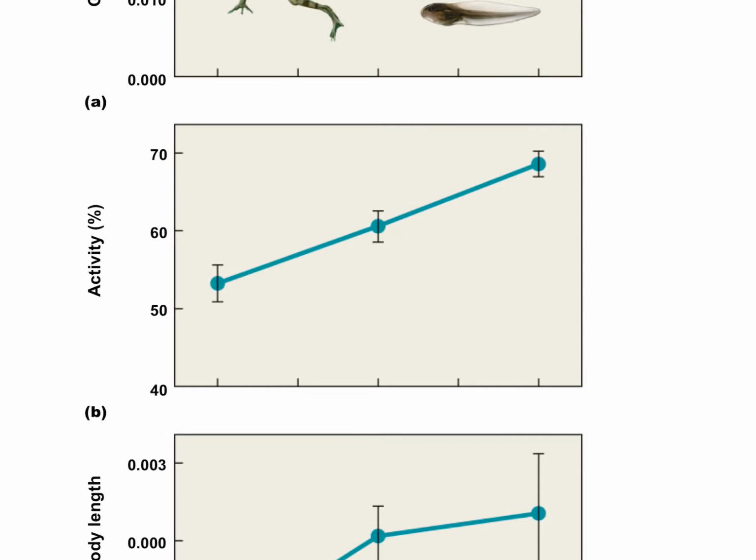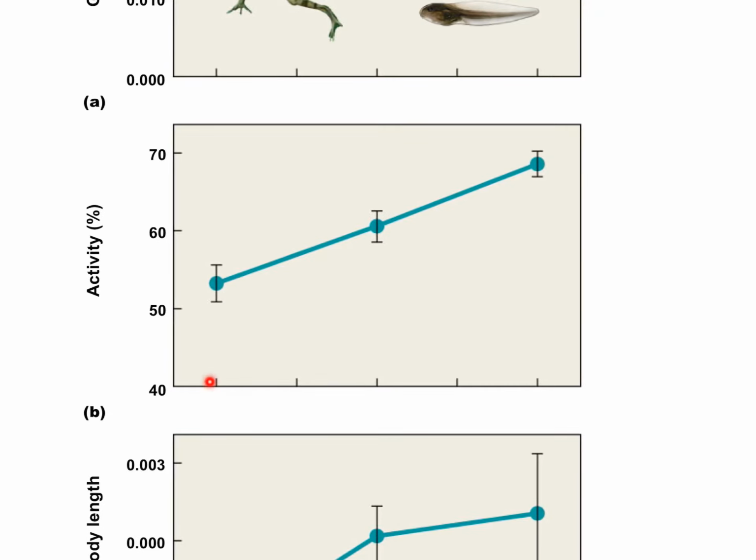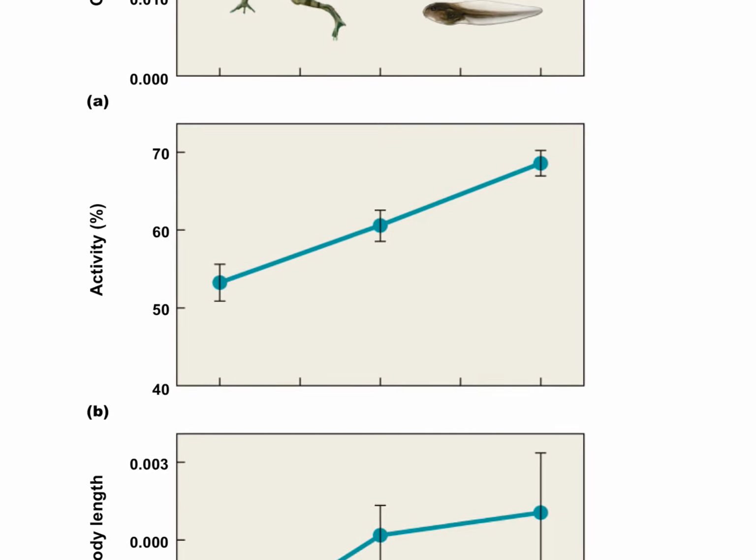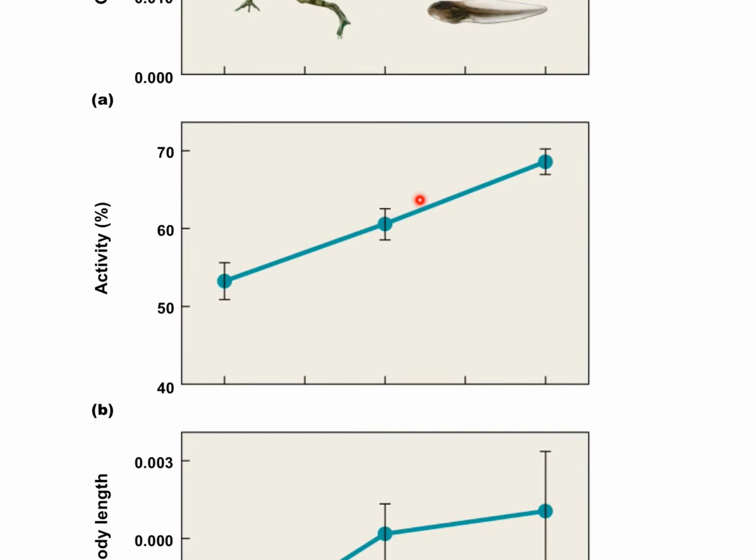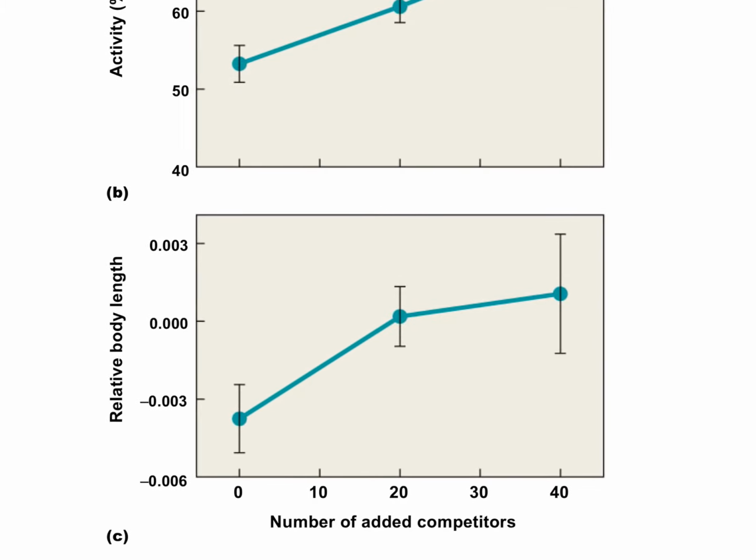All right, second figure, this is activity. You see that as population density goes up, activity rate goes up. Think about it. If there are more crowded conditions, if you have more competitors around you for whatever it is you're competing for, those individuals who are more actively going after it are probably going to get more of it and survive better. And so you got to be more active in more crowded conditions. And that's what that graph is showing.